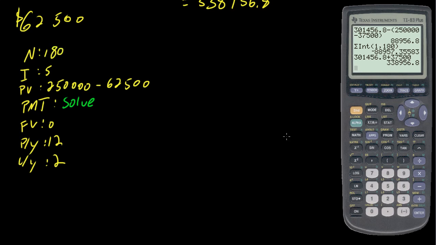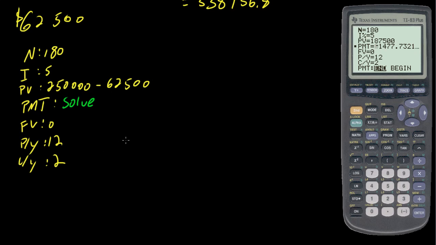So let's go ahead and go back to our TVM solver. And let's do this. Everything's the same, except for our PV value. I'm going to take that, just making sure the numbers make sense. Yep, minus 62,500. Everything else is good, so we're going to solve for PMT now.